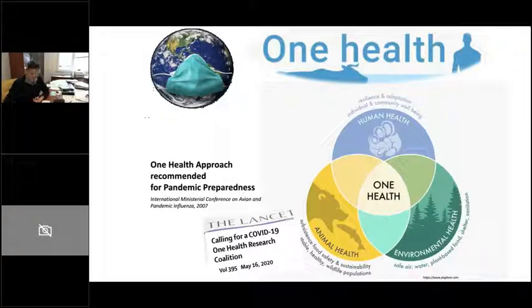So to go to the conclusion, we have a very clear concept of One Health, and this pandemic is giving another example of how important it is to combine, to join the health of animals, humans, but also natural environments.